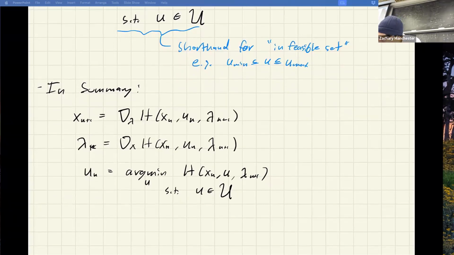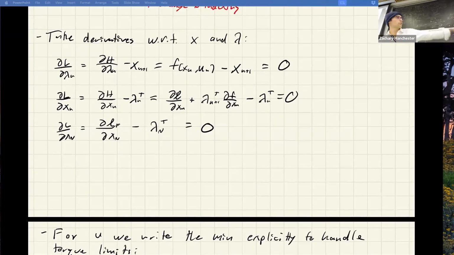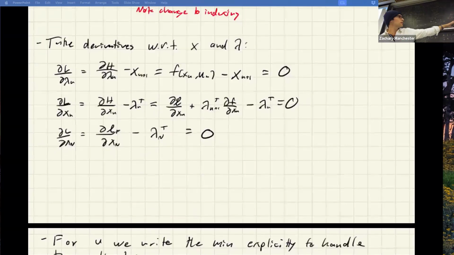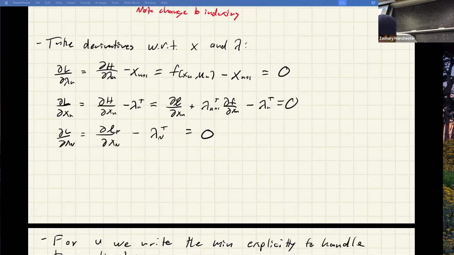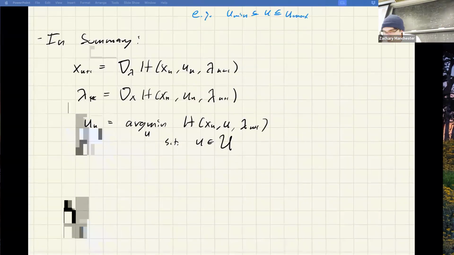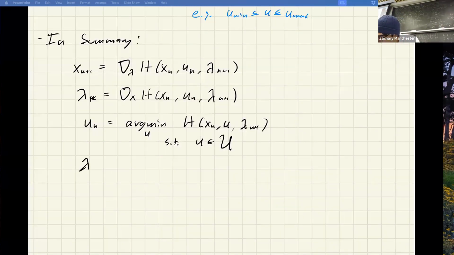And then there's this terminal condition, the gradient with respect to xn, which gives you the following condition: lambda n equals partial L partial x. Okay, so that's the whole mess.